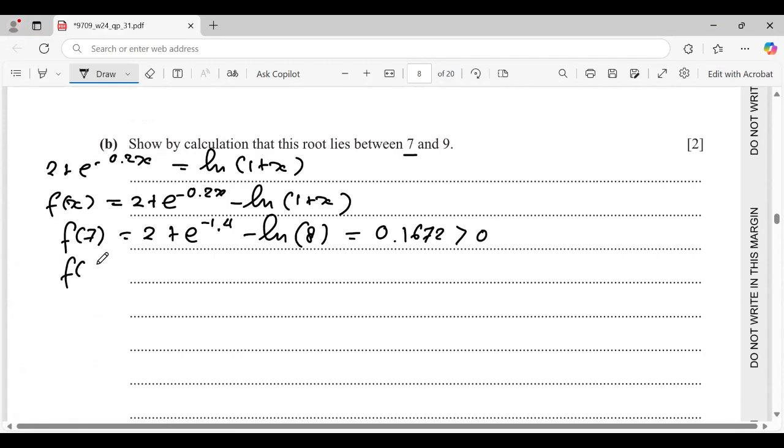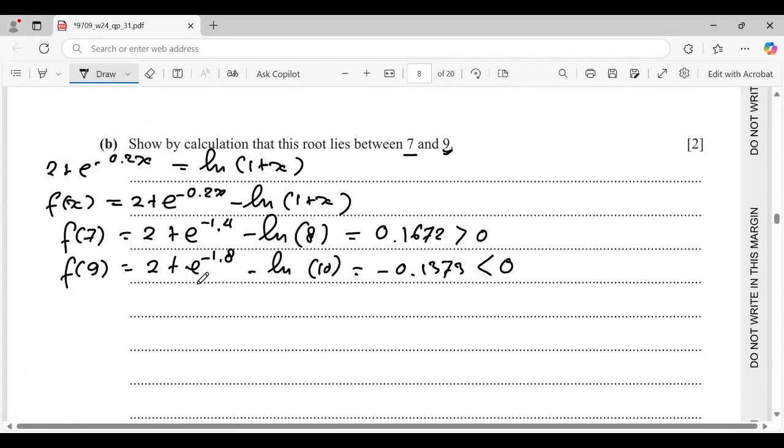And f(9): 2 plus e power minus 1.8, because 0.2 times 9 is 1.8, minus ln 10. If you calculate, the result is minus 0.1373. It is less than 0.